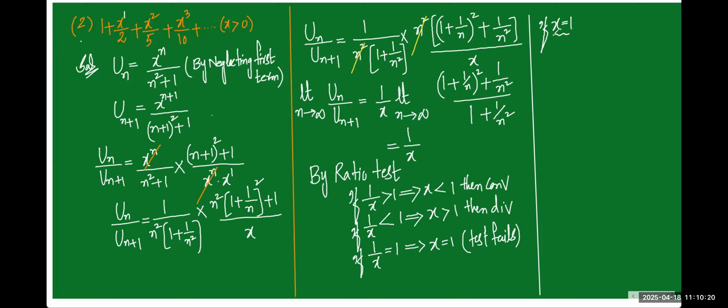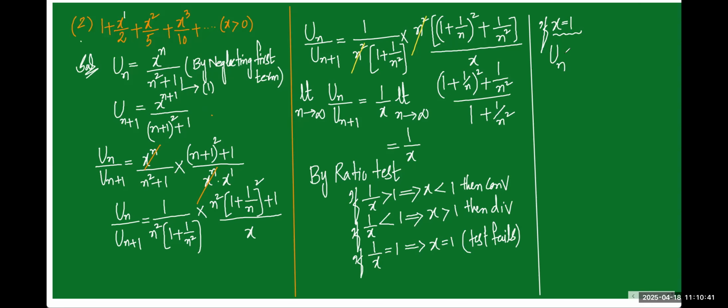If x is equal to 1, this value of x we have to substitute here in this equation number 1. यहाँ पर substitute करेंगे. If test fail, x is equal to 1, if you put here, what un becomes?